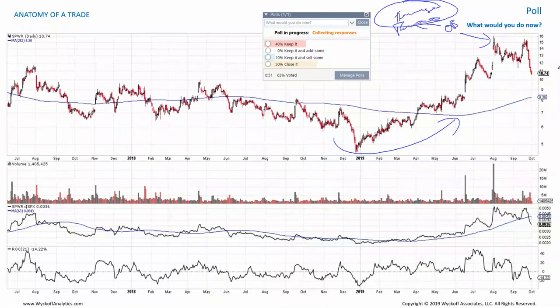By the way, my initial position was initiated somewhere here on this reversal right here, some add-ons on the way up, and then I closed out over 90% of my position on this bar right here. So this was the predominant trade.